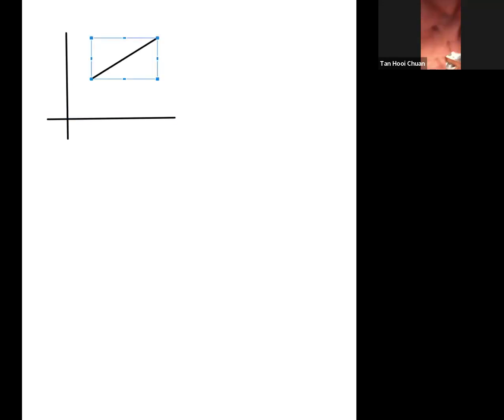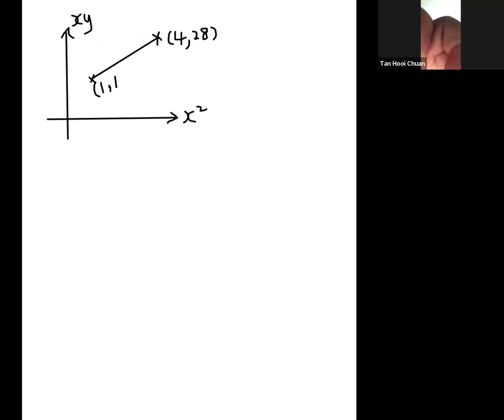Okay. So my example looks like this. Here, x, y, x squared, 4, 28, 1, 16. Okay.